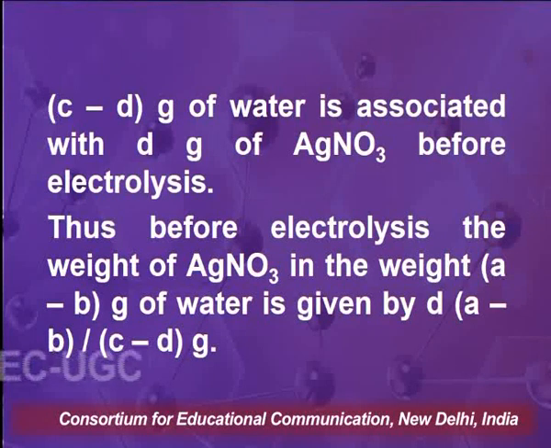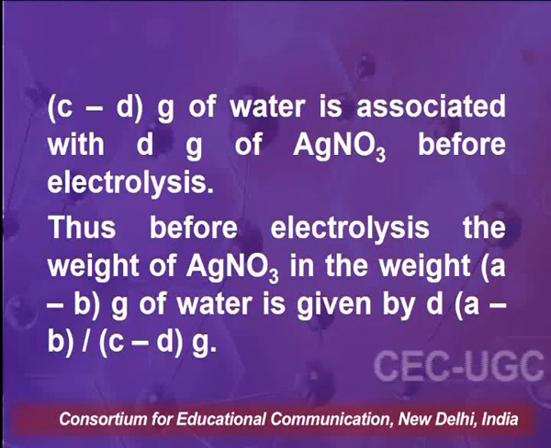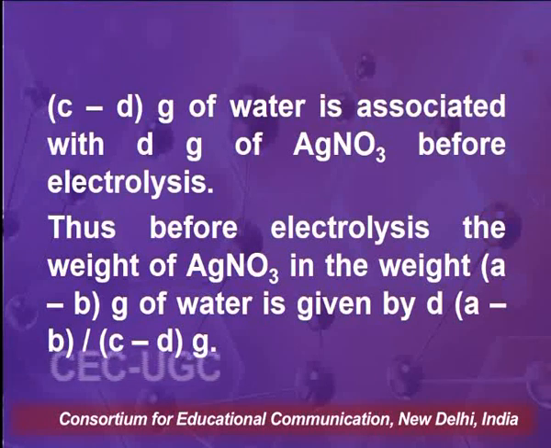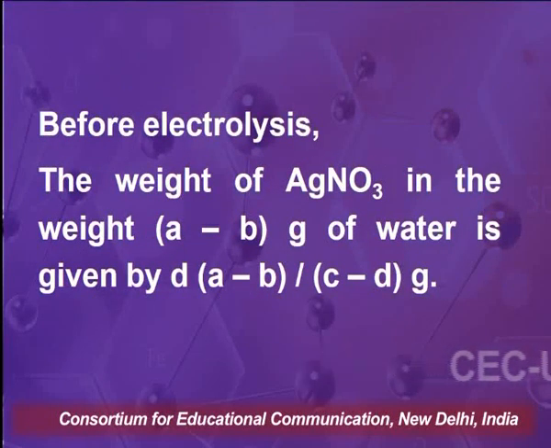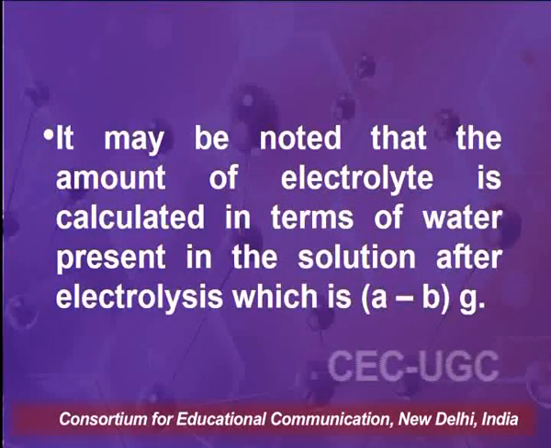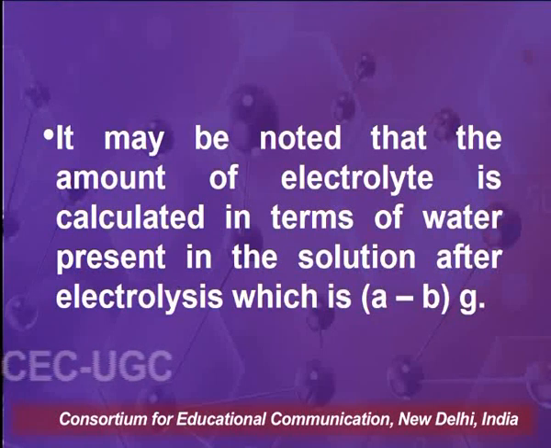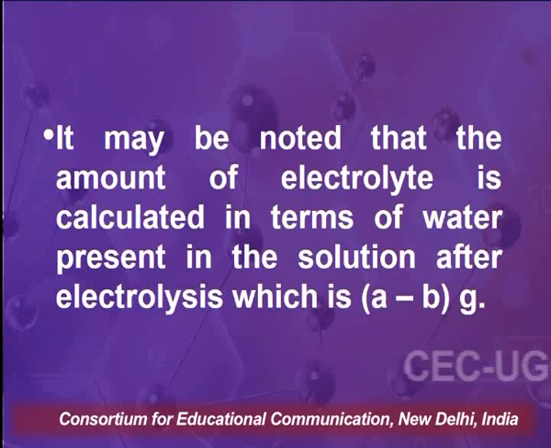Thus, before electrolysis, the weight of silver nitrate in A minus B grams of water will be given by D into A minus B by C minus D grams. It may be noted again that the amount of electrolyte is calculated in terms of water present in the solution after electrolysis, which is A minus B grams.